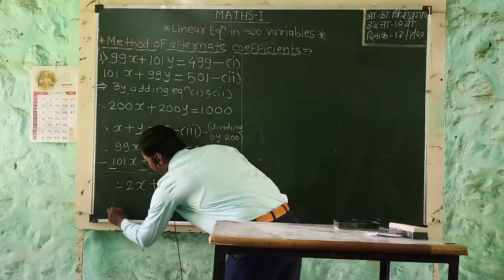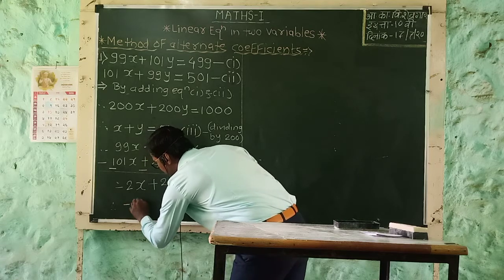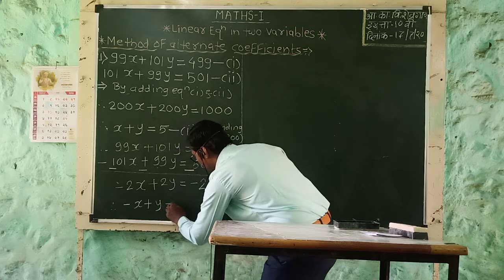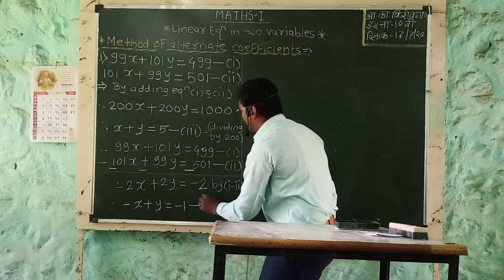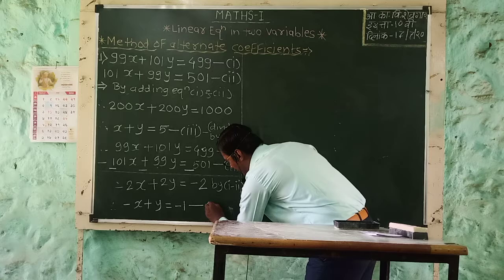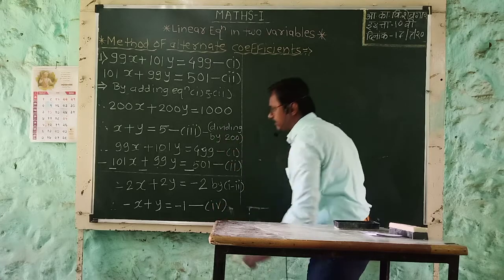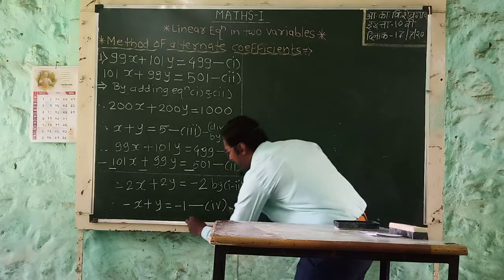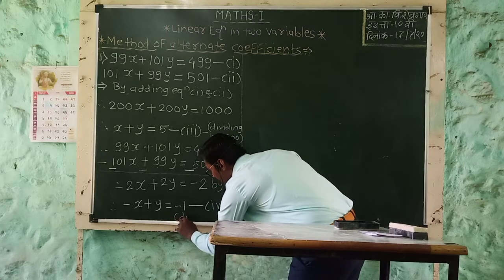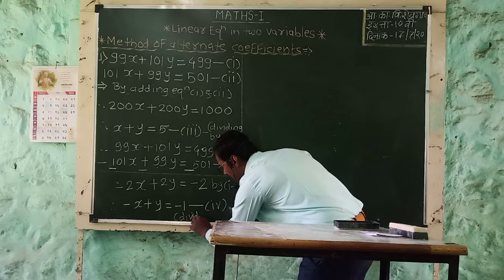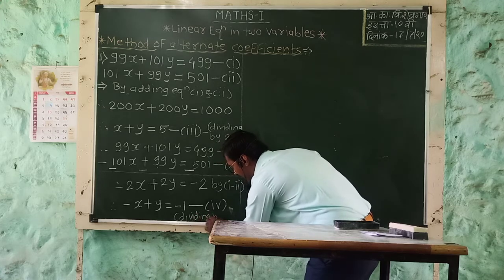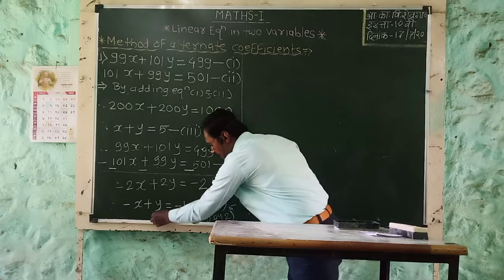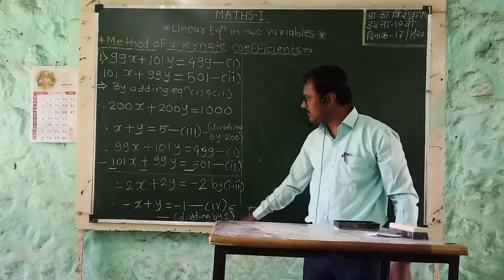So I have minus x plus y is equal to minus 1, and I mention that step as equation 4. Equation 4 is obtained by dividing by 2.